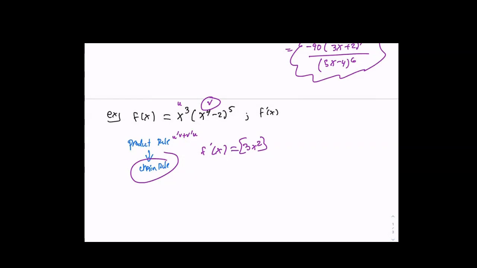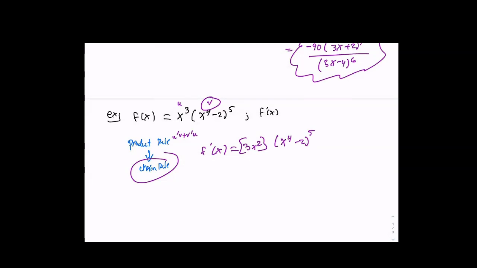Will you just bring the power down? Yes, here we go: x to the 4th minus 2, all to the 5th power. Bring it all down. Copy down v.